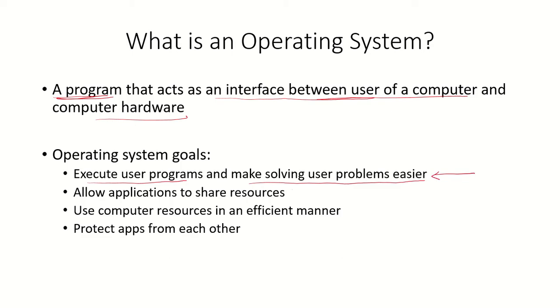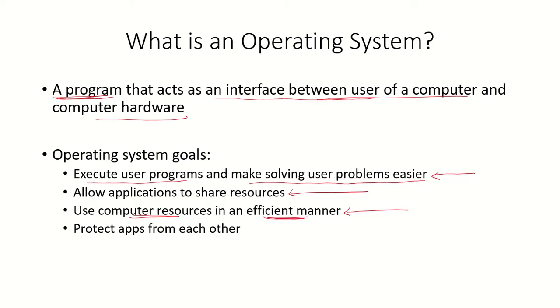The operating system allows the applications to share resources. It does not give the resources to one application only. It will allow all the applications to use the resources in a fair manner. Also, the OS will take care that the computer resources are used in an efficient manner.